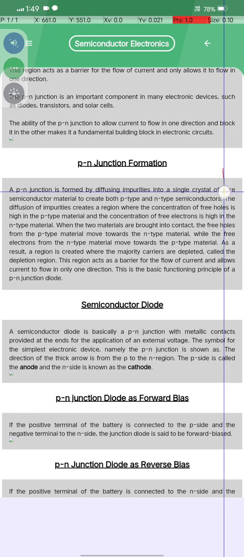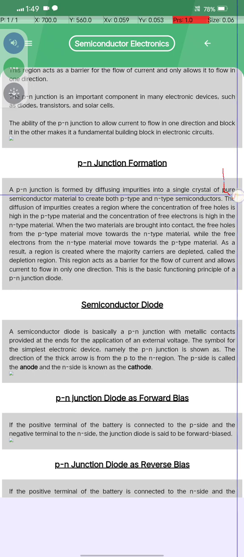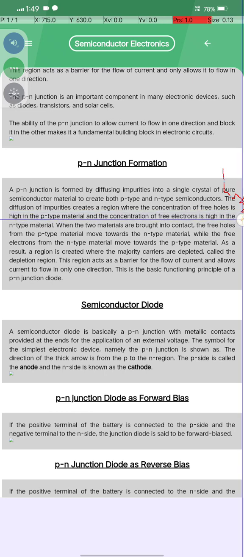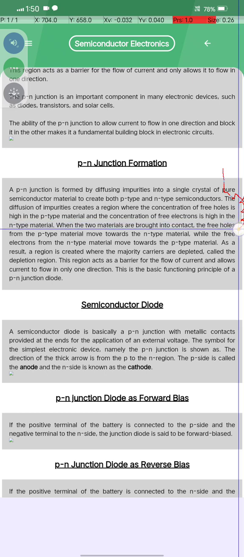P-N junction formation. A P-N junction is formed by the diffusion of impurities into a single crystal of a pure semiconductor material to create both P-type and N-type semiconductor. The diffusion of impurities creates a region where the concentration of free holes is high in the P-type material and the concentration of free electrons is high in the N-type material.